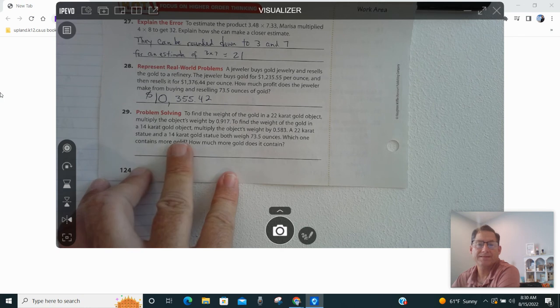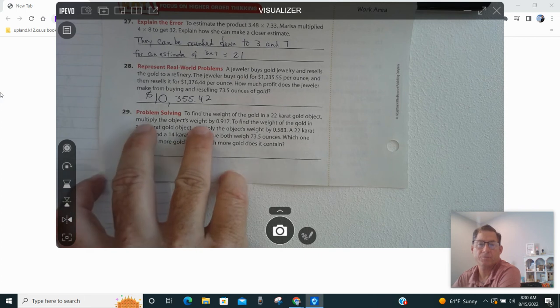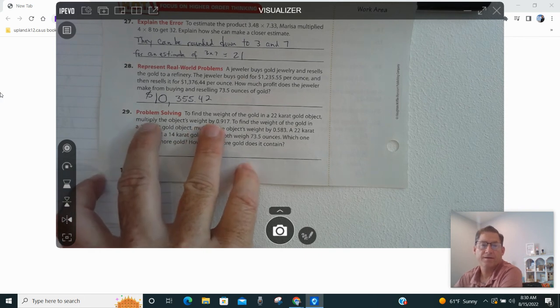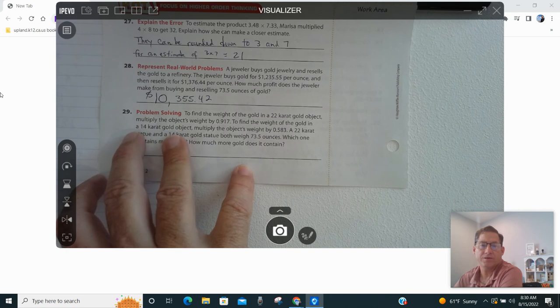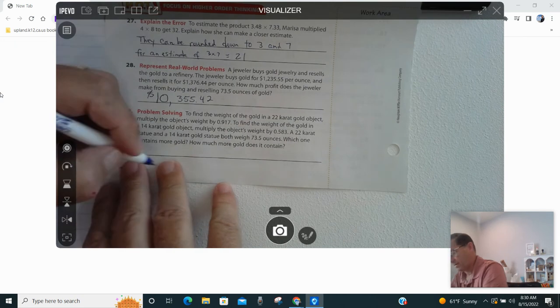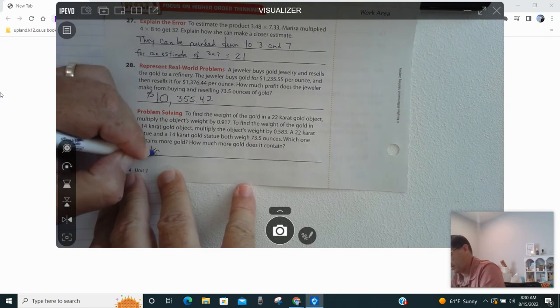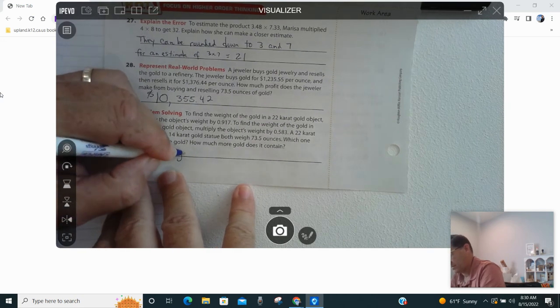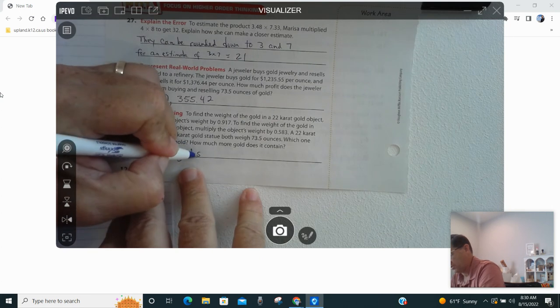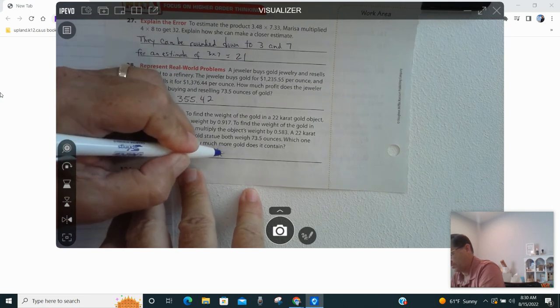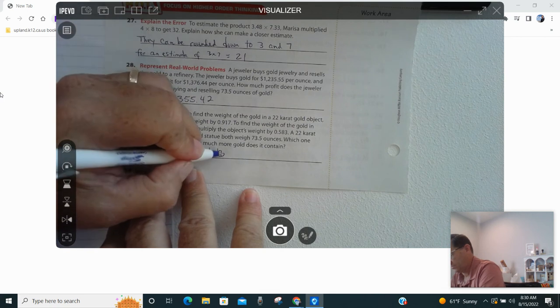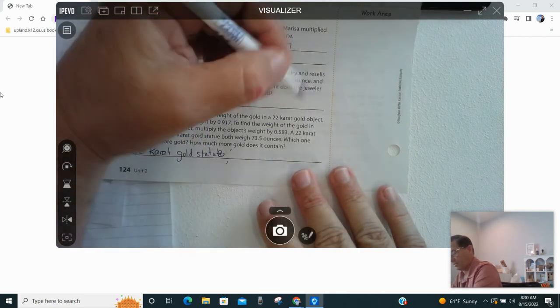Well, if they both weigh the same amount, the 22 karat gold has to be more because we're going to multiply by a greater value. That's almost 1, so it's going to be about 73 ounces. And the 14 karat gold is about half the size of that. So 22 karat gold statue.